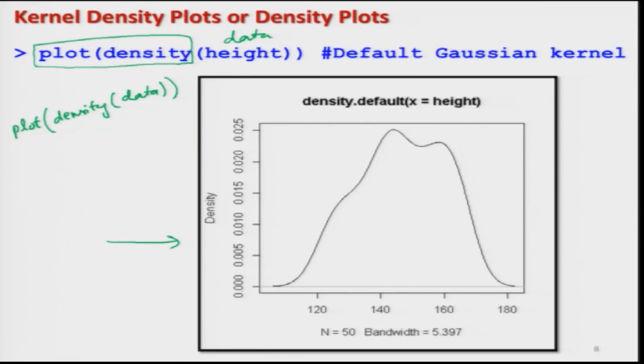You can see here the number of observations is 50, the bandwidth is controlled by the Gaussian kernel, which is the default kernel when we are not specifying anything, and this curve looks like this. This is a smooth curve.